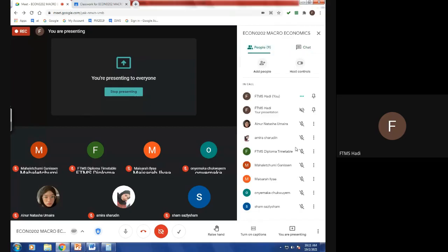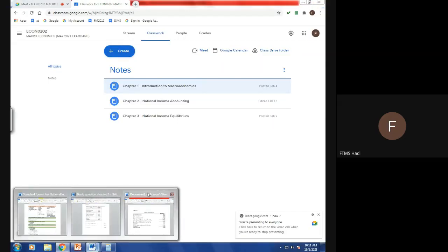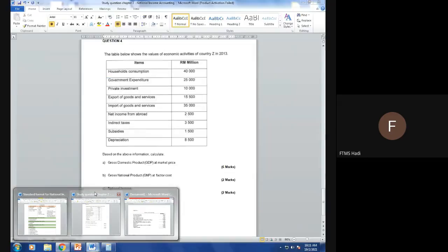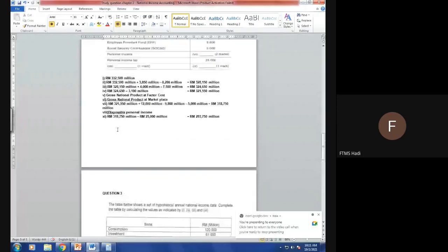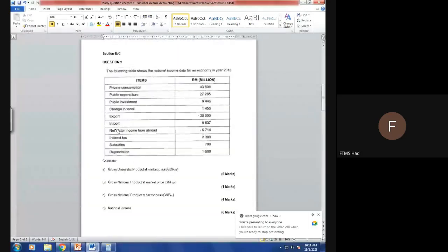Alright, for question number one, I think you can try it on your own first. But let's see if we can do something about that. Private consumption, yes, you add. Public expenditure, yes. Public investment, yes. Changes in stock, no, you don't have to put changes in stock. Export and import, yes.